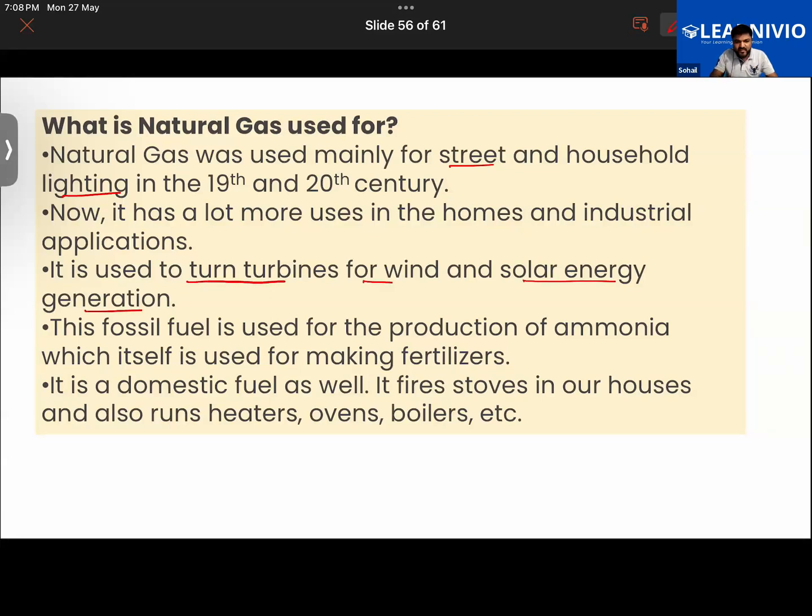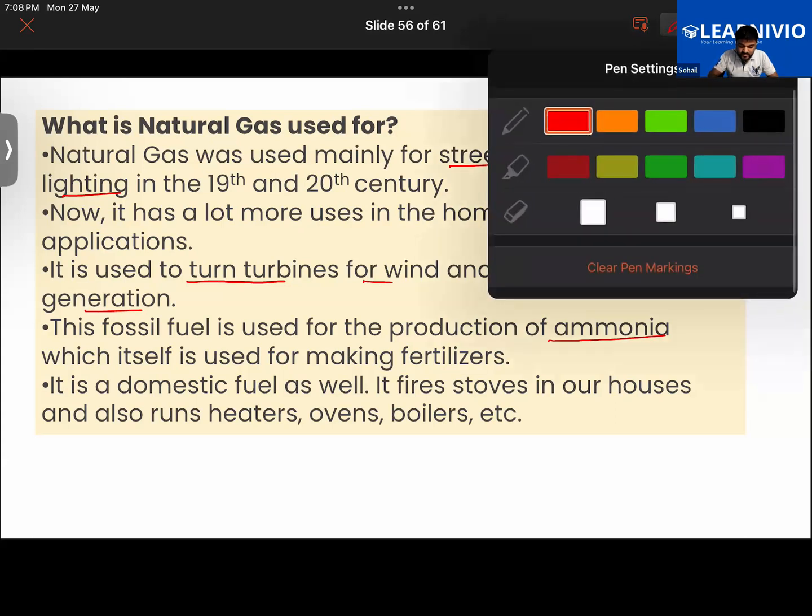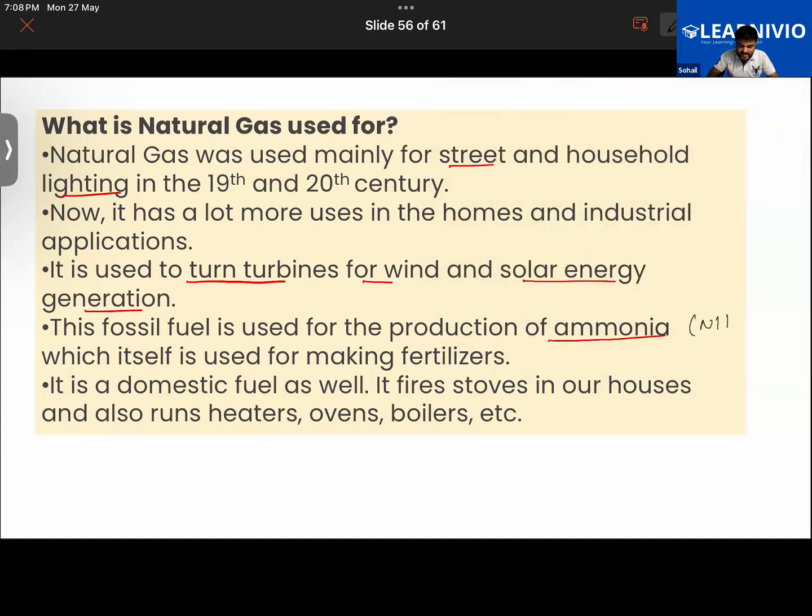This fossil fuel is used for the production of ammonia, and we know ammonia is used in the production of fertilizers. Ammonia is NH3. By the way, ammonia is a basic substance. Keep that thing in mind.